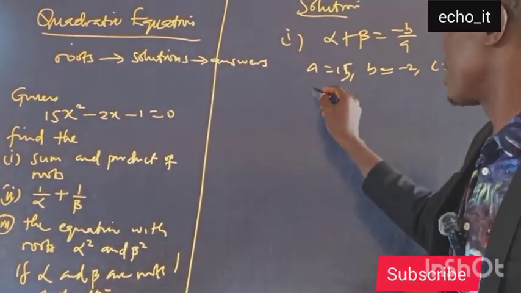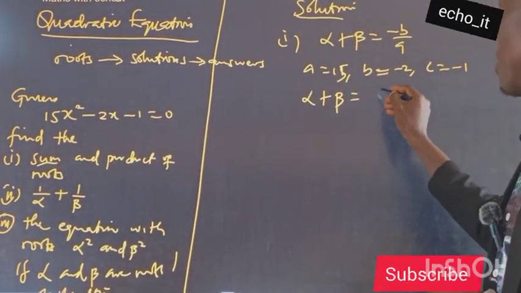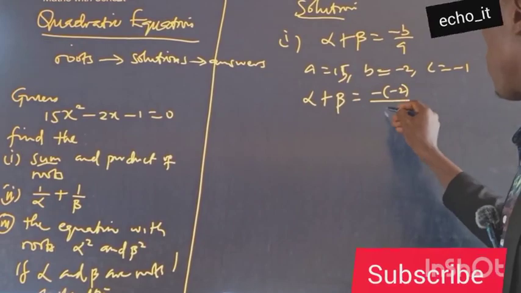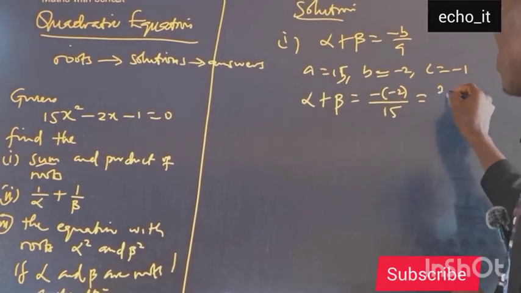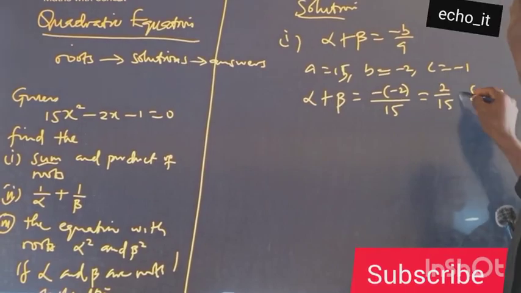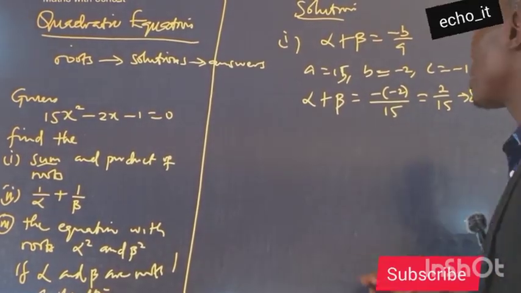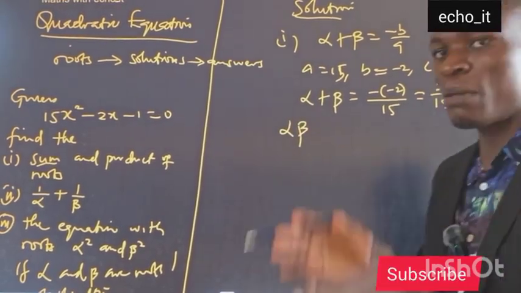So if you put it in there, our sum of roots will be minus into minus 2 over a, which is 15. So minus times minus will give us plus 2 over 15. That is the sum of roots. Now to find the product of roots, product means alpha times beta.